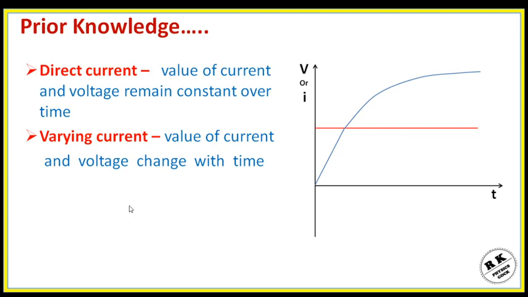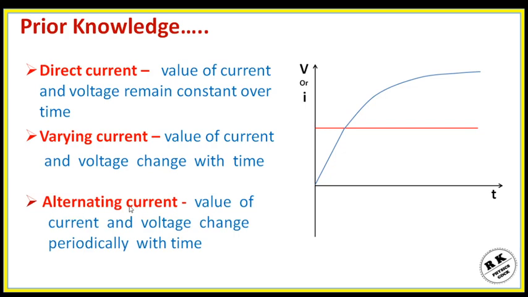There is another type of variation, that is periodic variation. In such a case, the current is called alternating current. If the value of current or voltage varies periodically with time, then such currents are called alternating currents. From the animation you can see the value of voltage or current varying periodically with time.